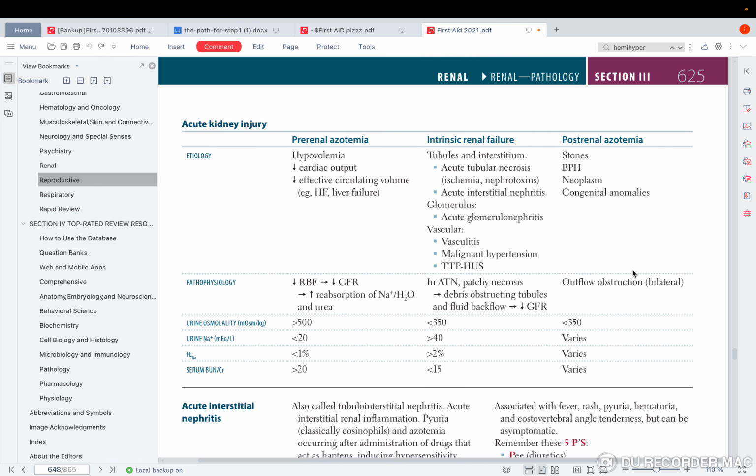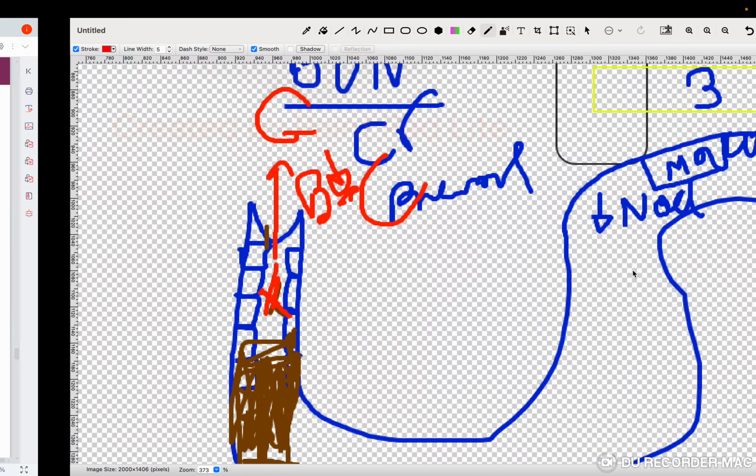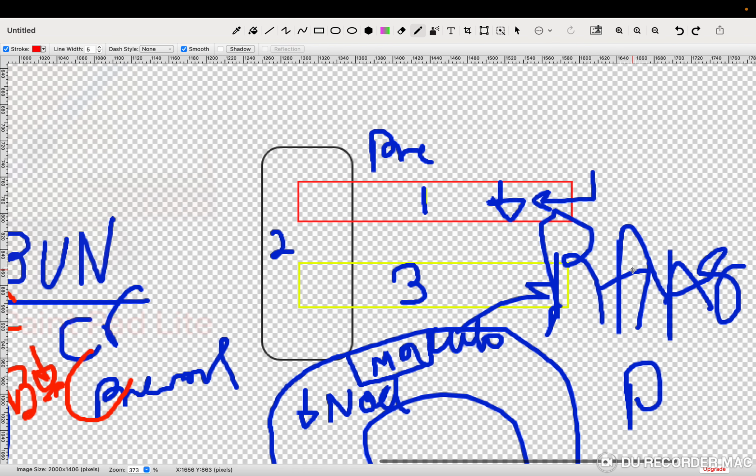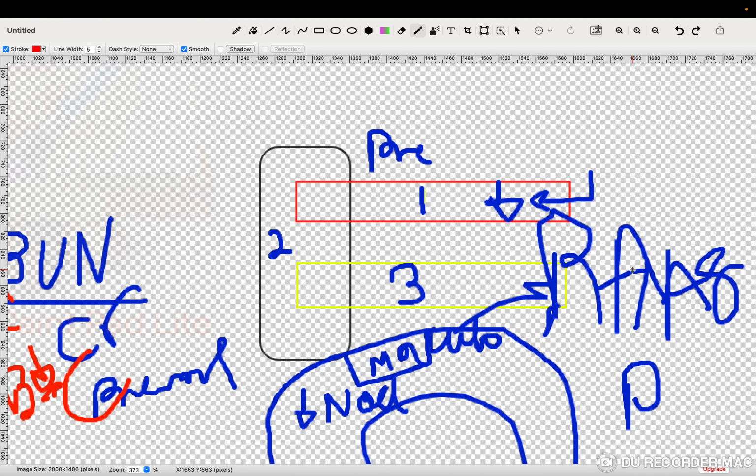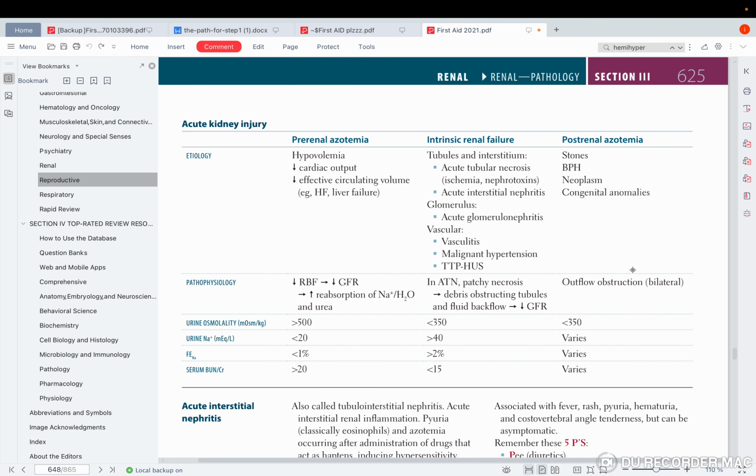So the last cause is post-renal azotemia. Post-renal azotemia is a pathology affecting 1, 2, or 3 guys. Okay, it's affecting 3. That's correct. So this can be a stone. It can be benign prostatic hyperplasia, neoplasm blocking the outflow, or congenital anomalies like posterior urethral valves.